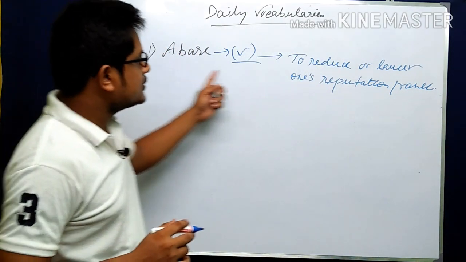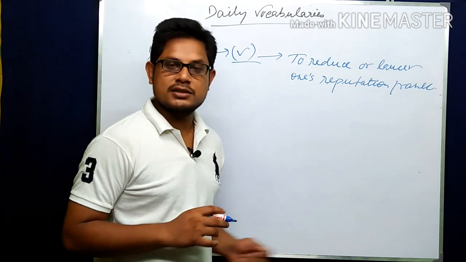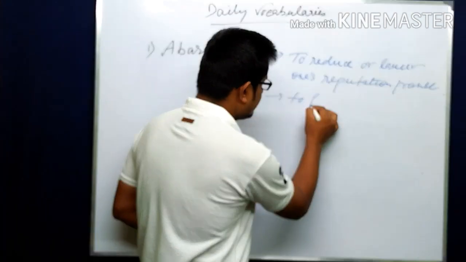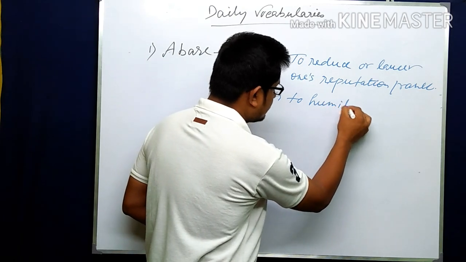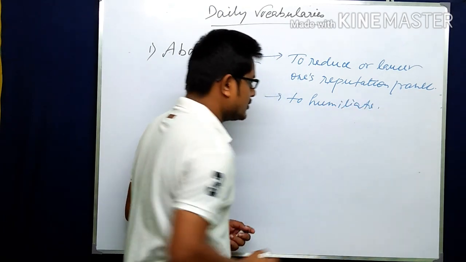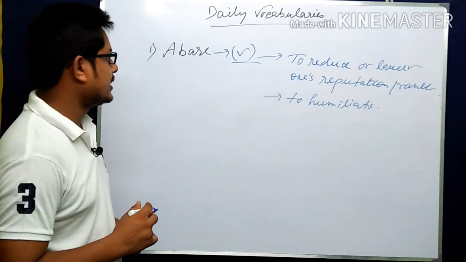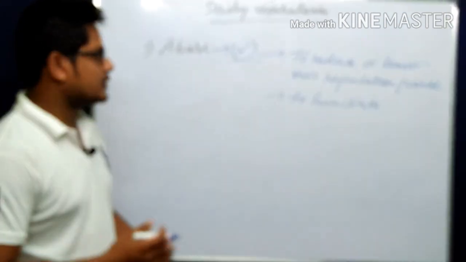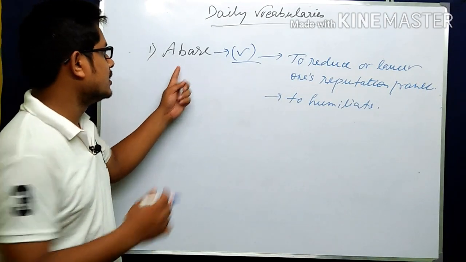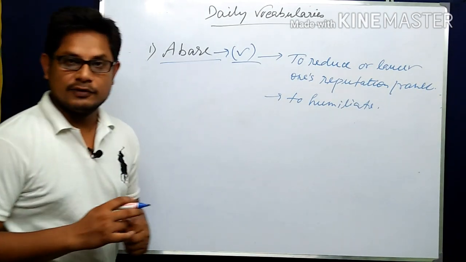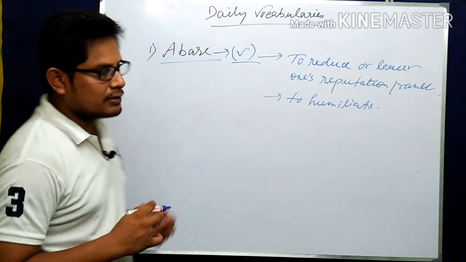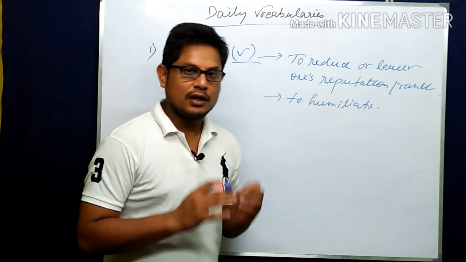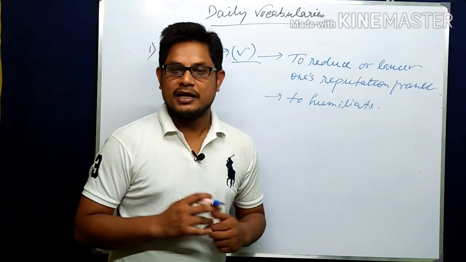So abase means to reduce one's reputation or rank, or you can say to humiliate. To humiliate, right? So this is the word: to humiliate or to reduce anyone's reputation or rank, you can use this word abase. This is a verb, right? So for an example of this verb in a sentence, you can say, "Don't abase yourself with your behavior."